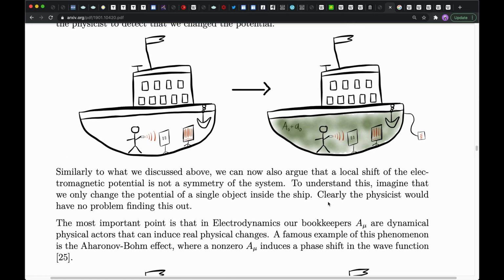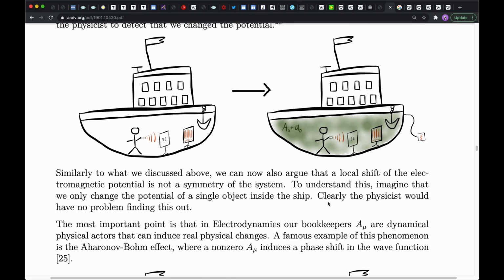I thought the ship represented the local. I thought it would only be changing locally, and that it only can't detect the global scale. I mean, it's only measuring it on the local scale. How can he tell that it's... No. I guess he can't tell the difference.